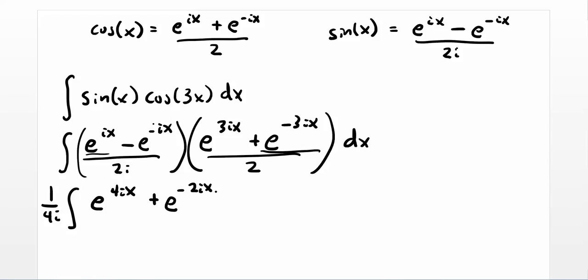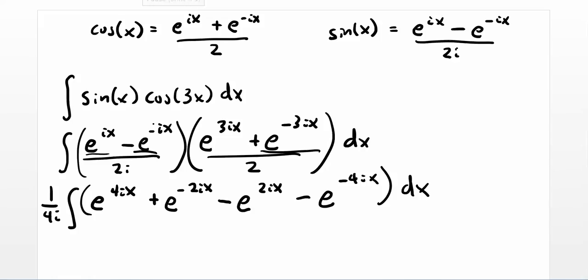Inside terms, negative e to the ix times e to the 3ix becomes negative e to the 2ix. And last terms would be negative e to the negative 4ix dx. Okay.